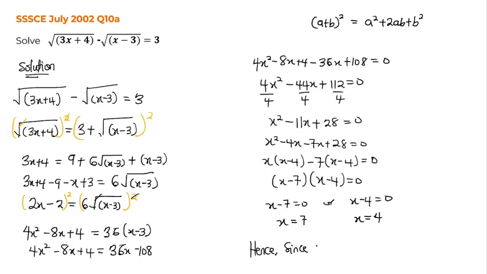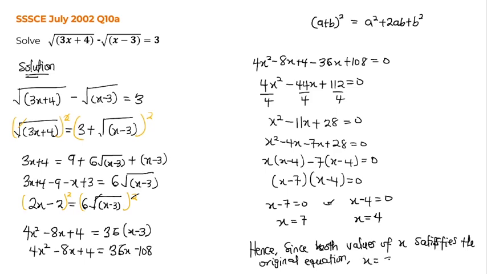So hence, since both values of x satisfy the original equation, x is equal to 7 or 4.